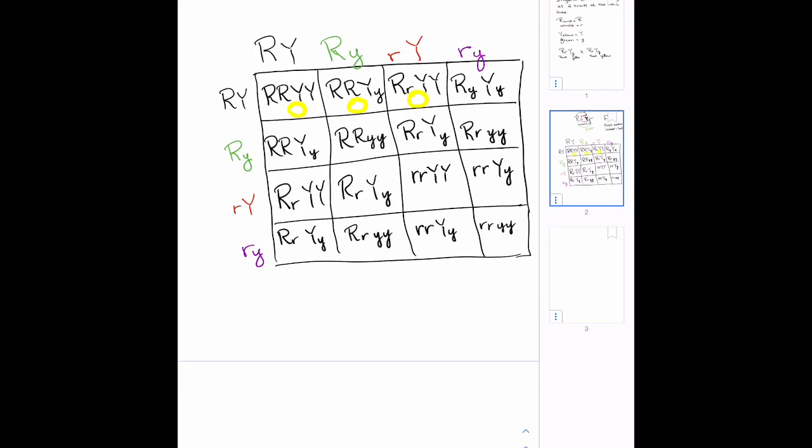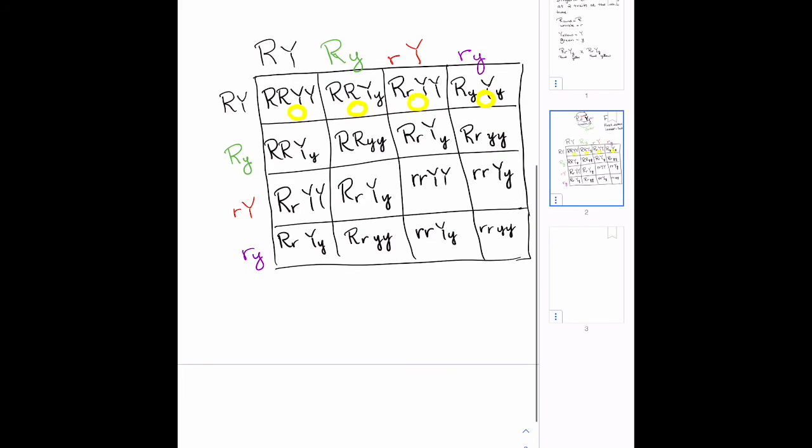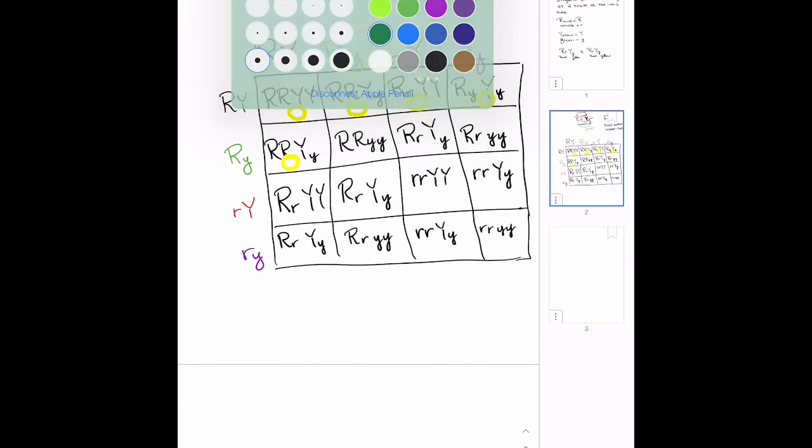The fourth one, even though it's heterozygous, is dominant for both round and yellow. So I've got another round and yellow. And then the next row, again, I've got dominance for both round and yellow.